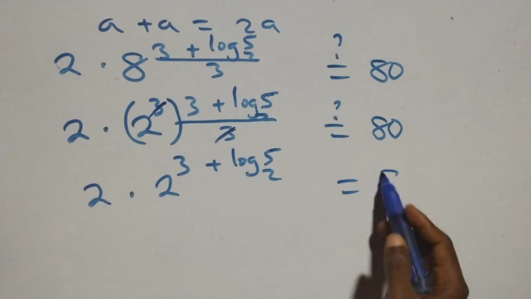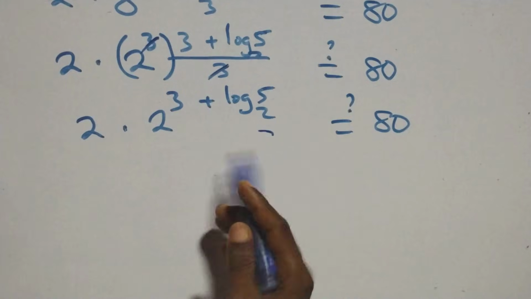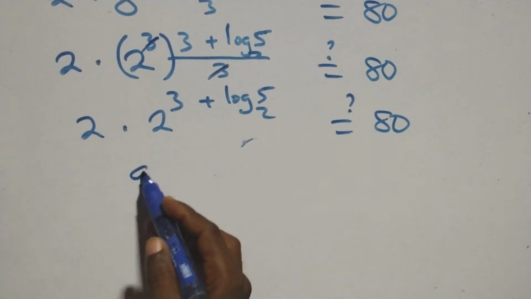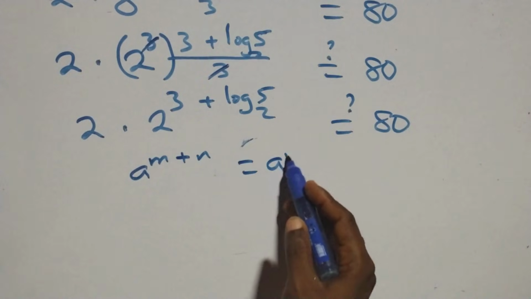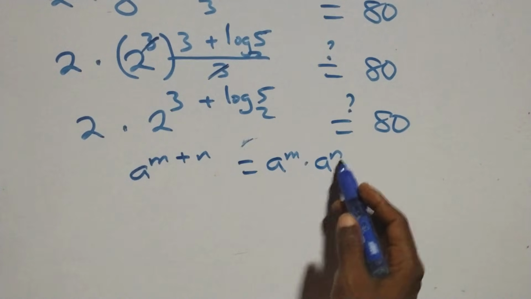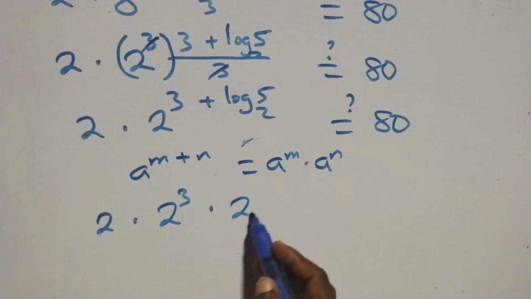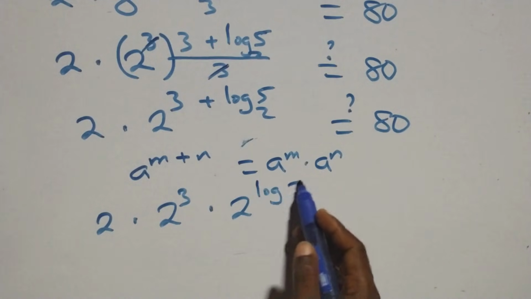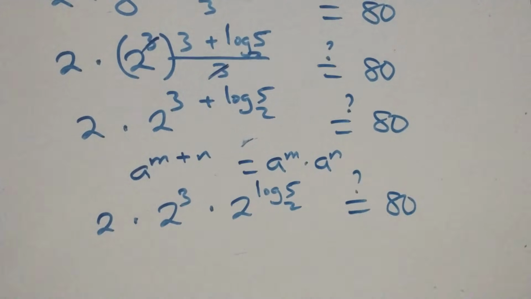This follows a law of indices: a raised to power m plus n is the same thing as a raised to power m times a raised to power n. That is, we have 2 times 2 raised to power 3 times 2 raised to power log 5 base 2.